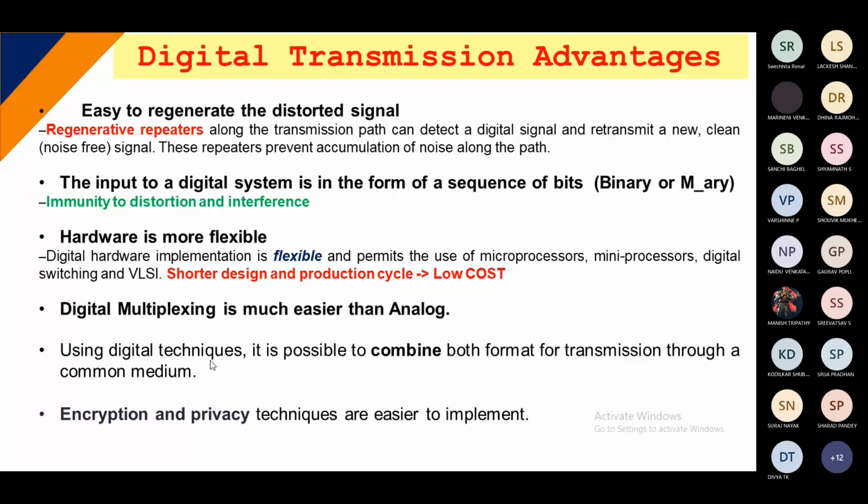But now suppose I open my video cam and you are looking at my face, or I'm doing a live streaming, so the video is being processed again, right? So at the same point of time, the speech as well as the video both can be processed together, and that is one of the salient advantages of digital transmission schemes. That is not very easily done in an analog system.